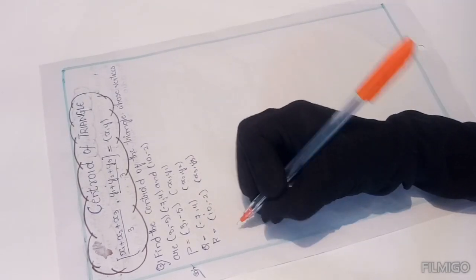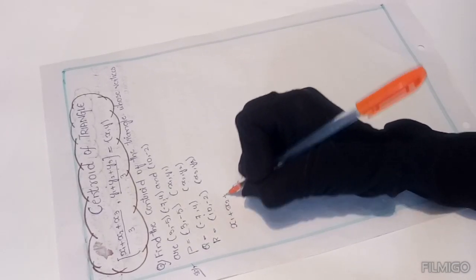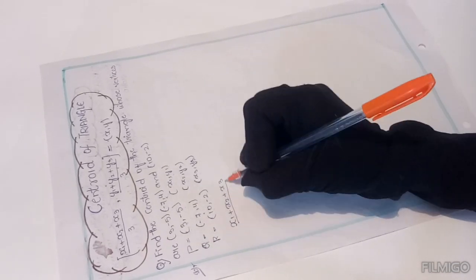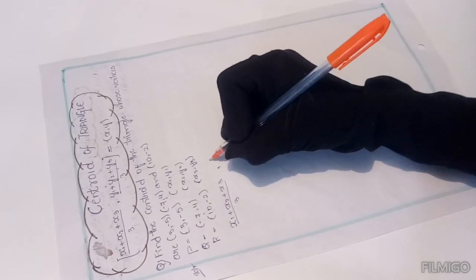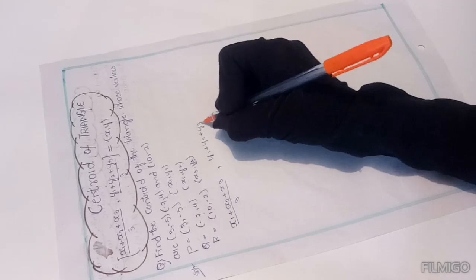The centroid formula is x1 plus x2 plus x3 by 3, comma y1 plus y2 plus y3 by 3.